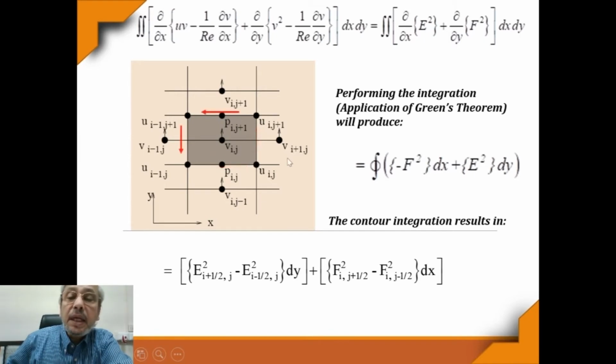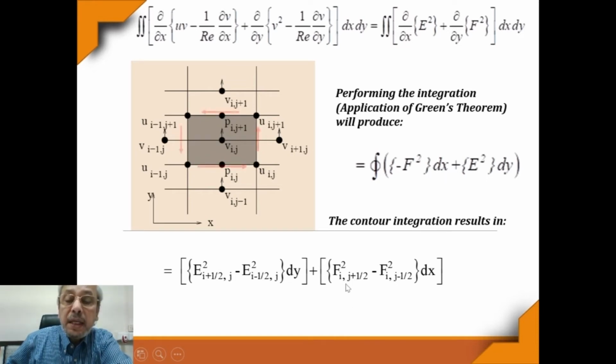But F has a negative sign because of the integration through Green's theorem, so this negative and that negative make it positive.